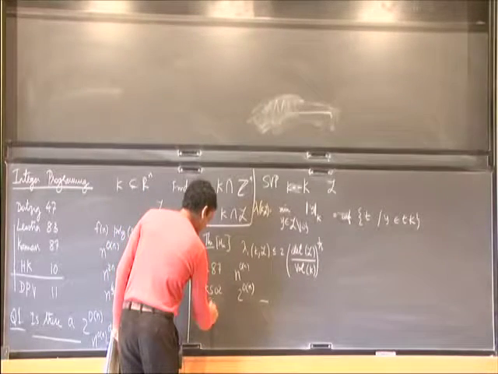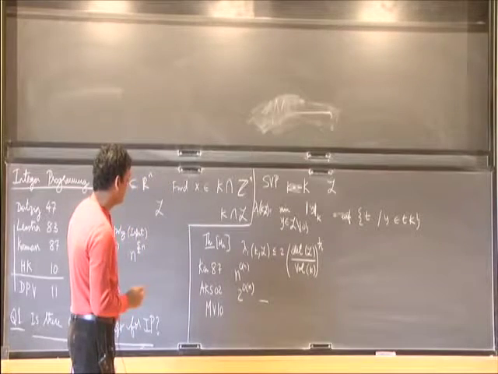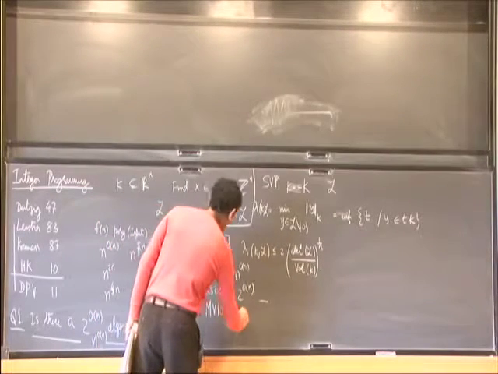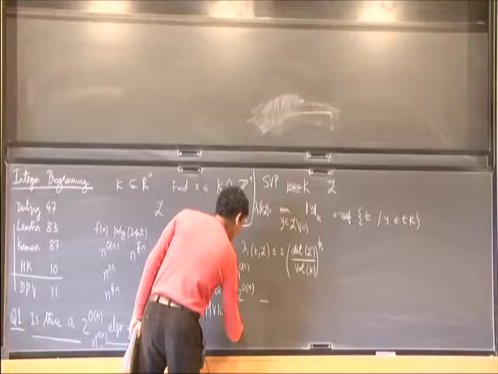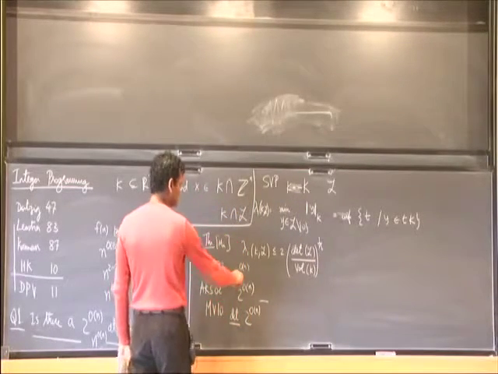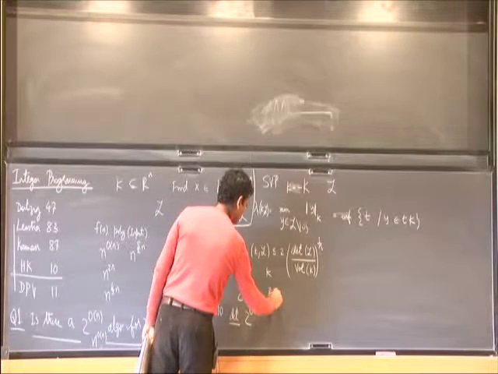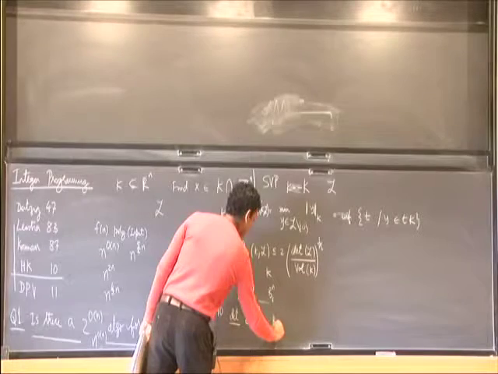And then in 2010, Micciancio and Voulgaris came up with an algorithm for the 2 norm, which is deterministic and solves it in time 2 to the order n. Whereas Kannan's algorithm works for any K, these are for the 2 norm.